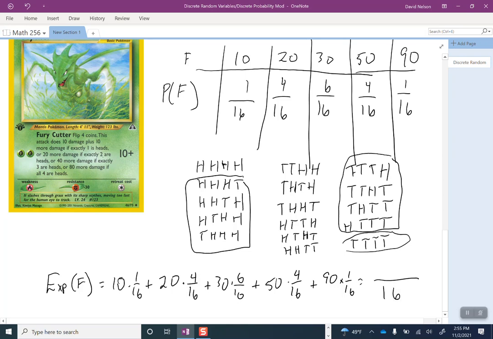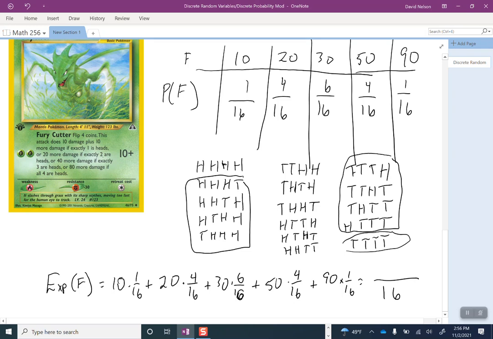The nice thing is the denominator is 16 all the way across. And if we figure out the numerators and add them up, I'm going to have 10/16. I'm going to have 80/16. 30 times 6 is 180 sixteenths there.